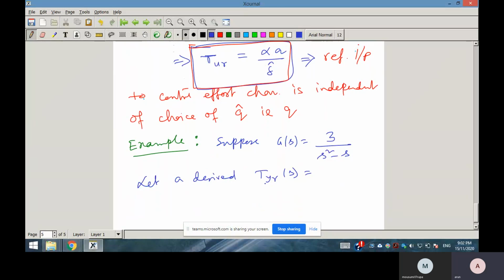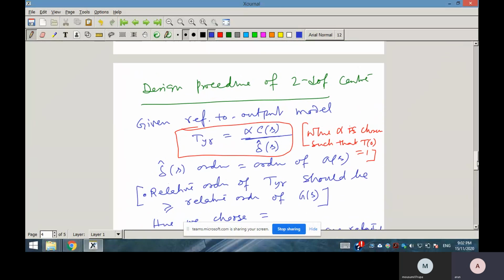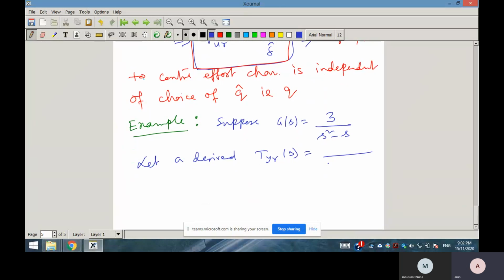Also, what will be the minimal order of TY to R that I can keep? That will be equal to the order of the plant. As I have said here, the minimal order of del S is equal to the order of AS. That's why here I will keep this kind of second order model, say S square plus 2.4S plus 2.44.